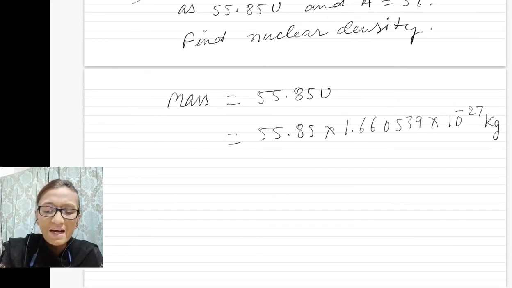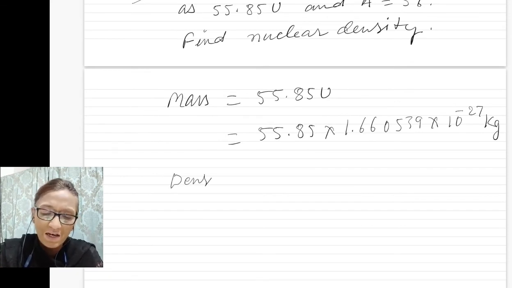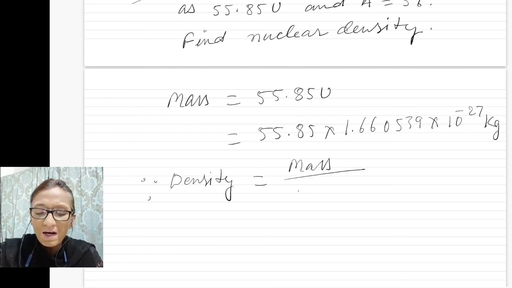Now we know that the density of any substance is equal to mass divided by volume.